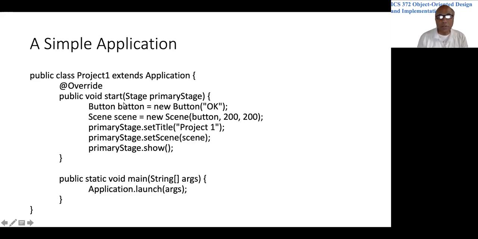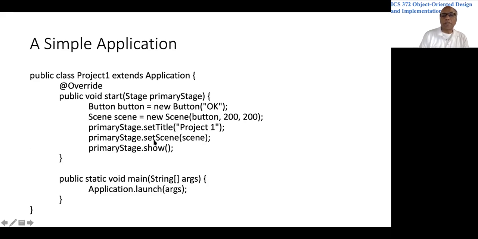So let's see the code. The start method is here. We create a button object, which is again a JavaFX class. We create a scene in which the button is placed, and the size of the scene is 200 by 200. The title of the window is project 1.